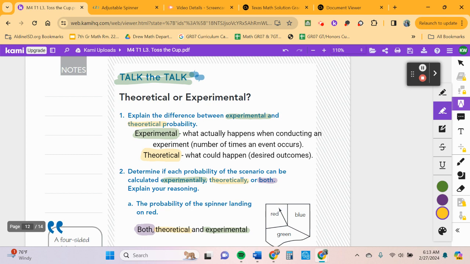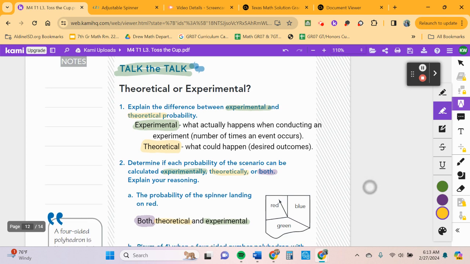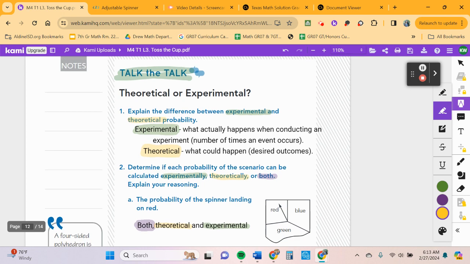But theoretical, no, this is kind of hard to tell what those values are and what the spaces are. And I could make a prediction. However, I also could use tools such as a protractor to measure those angles to get an exact number of what the probability of each of those spaces could be. So in this case, both theoretical and experimental.